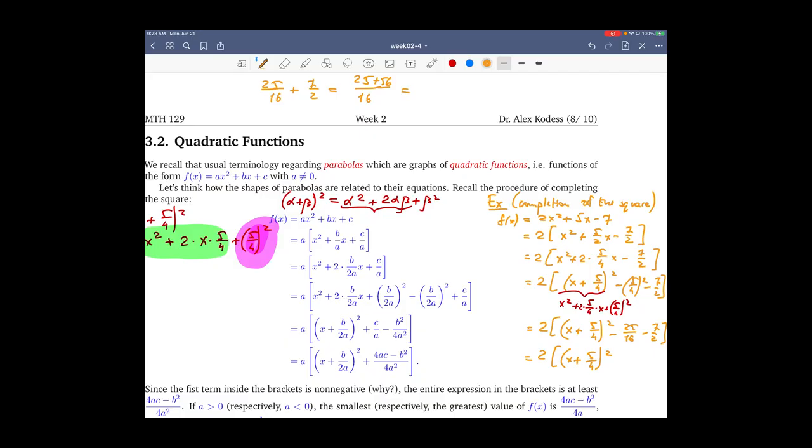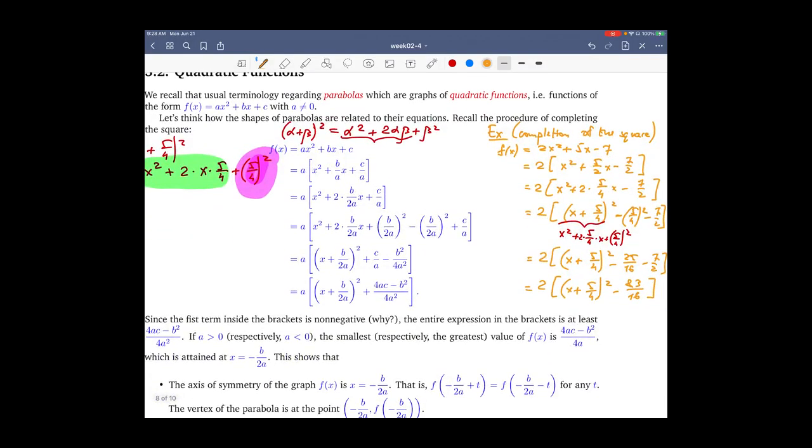So when you add them, it'll be 83 over 16. All right. In general, when you combine negative square of b over 2a and c over a, you get 4ac minus b squared over 4a squared.